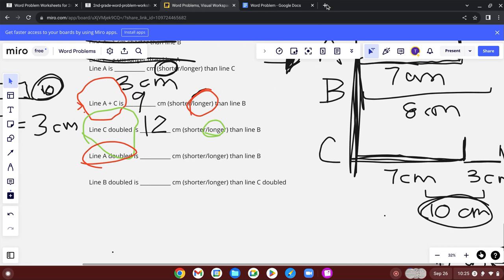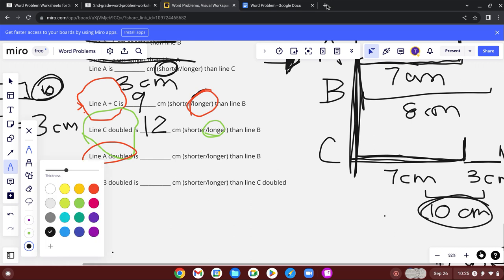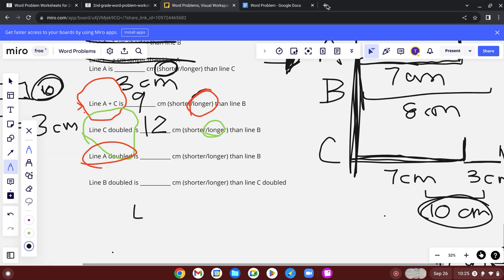I know line A is 7 centimeter, correct? But 1 more 7 equals 14. Right, so line A double is 14 centimeter, correct.